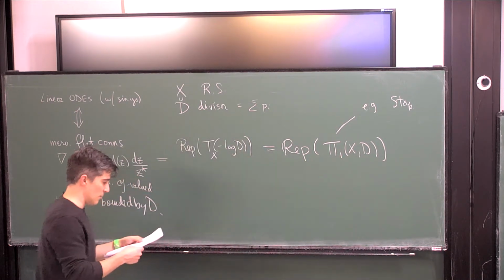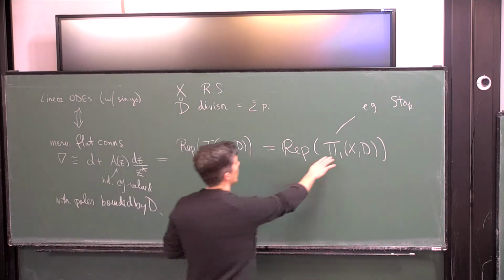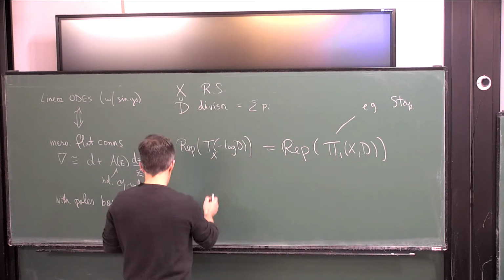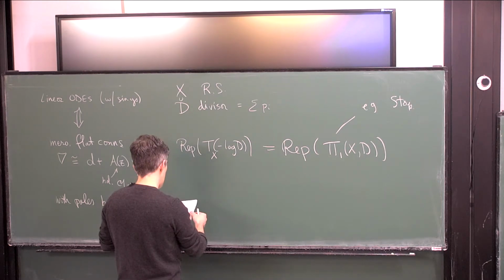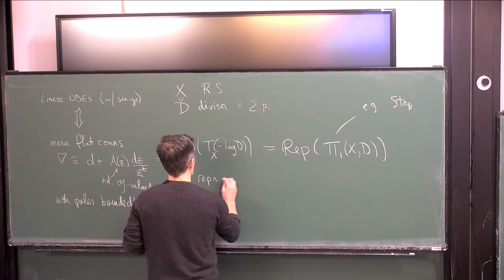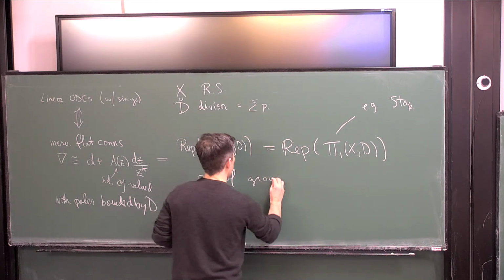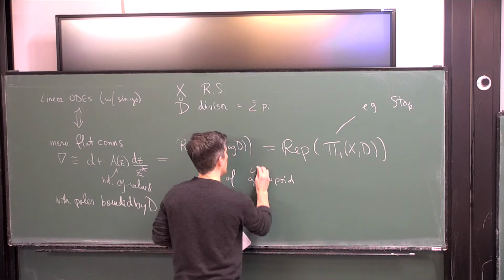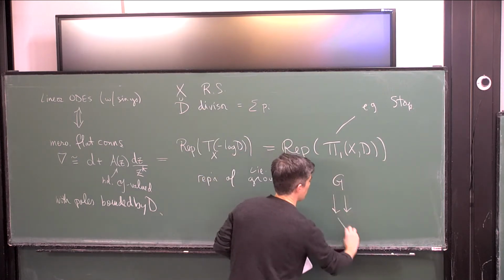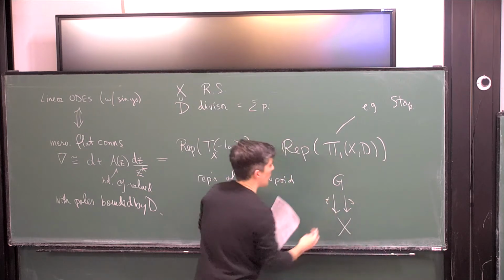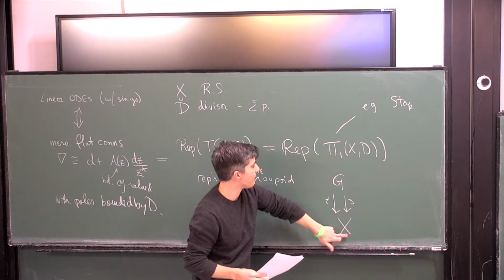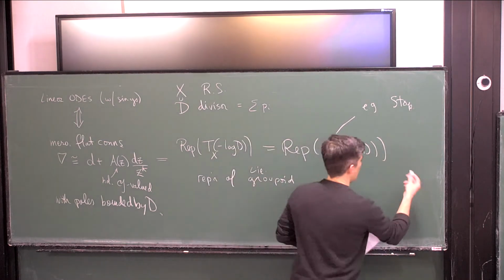Okay. So again, what are these representations? What is a representation of a Lie groupoid in general? Let's say the groupoid looks like this: we have the arrows, which have source and target in X. And then we have a group.